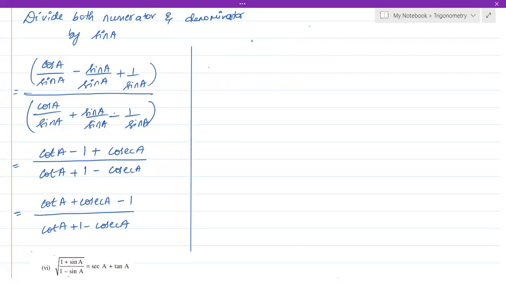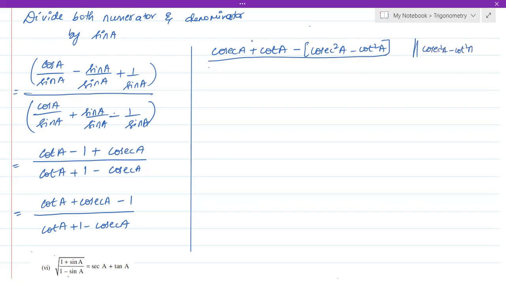Instead of writing cot A plus cosecant A, let's write it as cosecant A plus cot A, minus, in place of 1, let me write cosecant square A minus cot square A. In place of 1, that's what we are doing, because cosecant square A minus cot square A is equal to what? 1. So minus as it is, and in place of 1 we have written it within the bracket, because there are two terms.